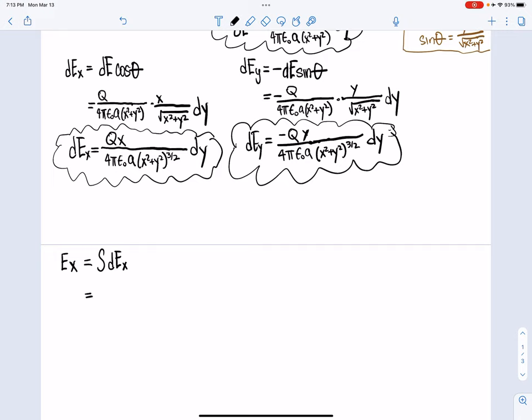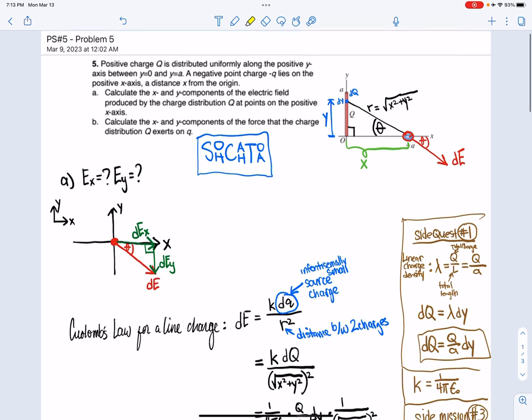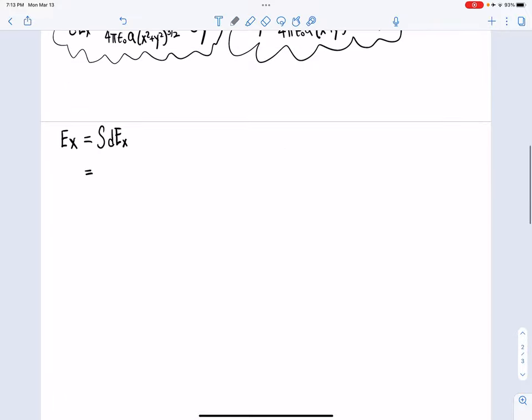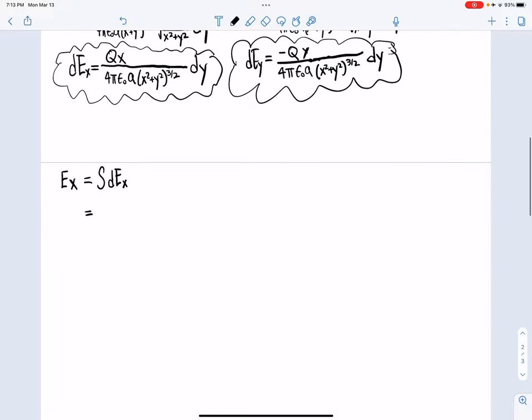So I'm going to use this value, which we calculated for dEx, and integrate it from 0 to a, which is the total length of our uniformly charged rod. We go from 0 all the way to a. And I'm going to take out the constants as well while I'm at it.